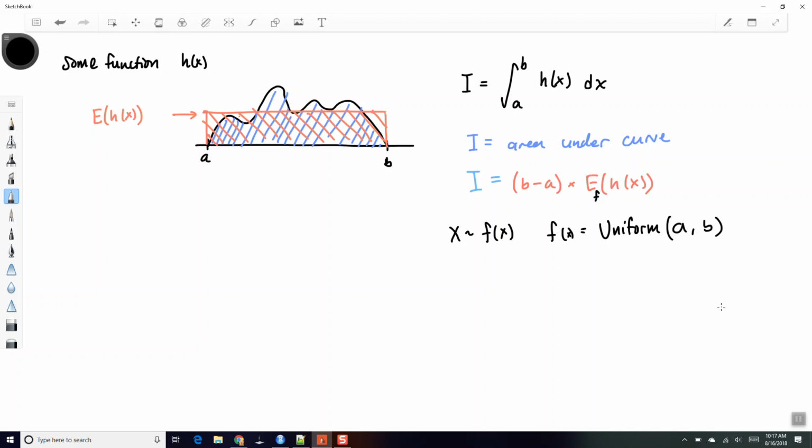Is that okay? All right, and thus we can estimate the value of the integral.